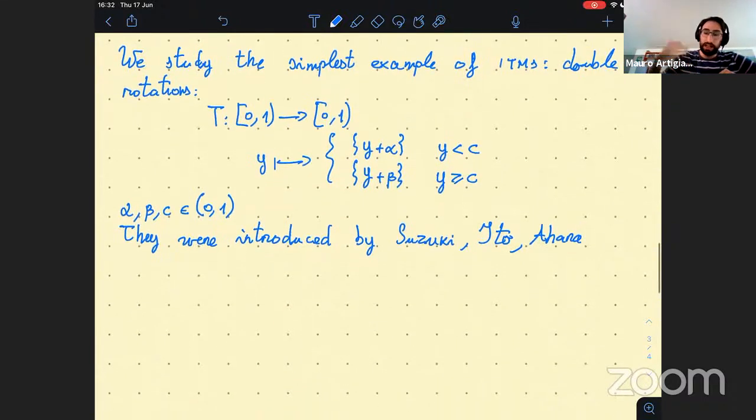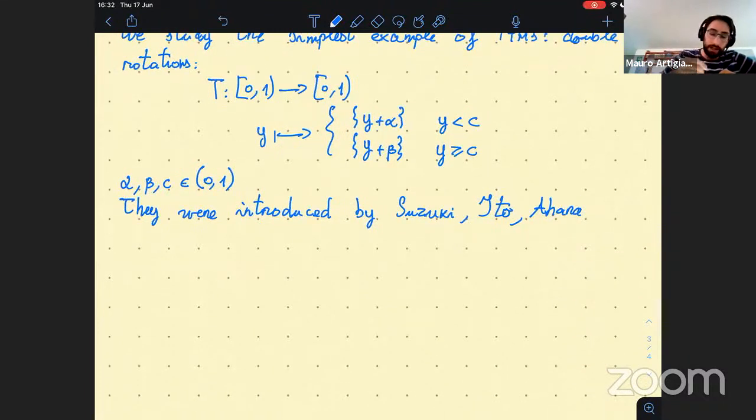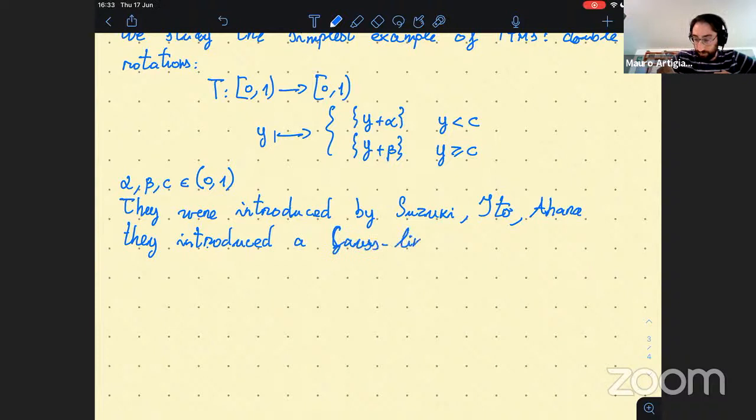And they studied a bit this class, and they introduced a renormalization on this, which is somehow reminiscent of the Gauss map on real numbers. So they introduced a Gauss-like renormalization procedure.